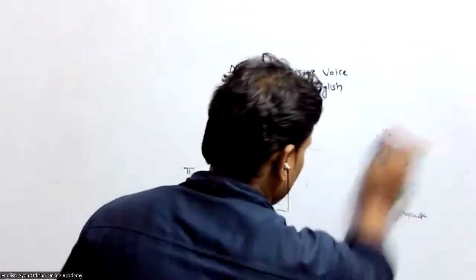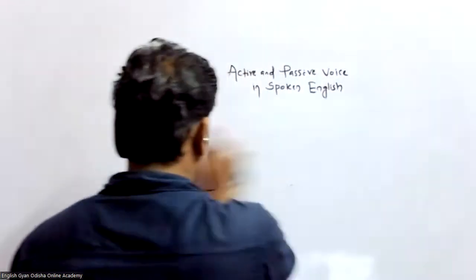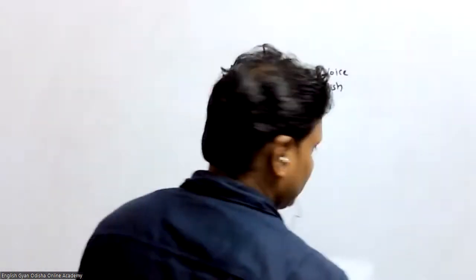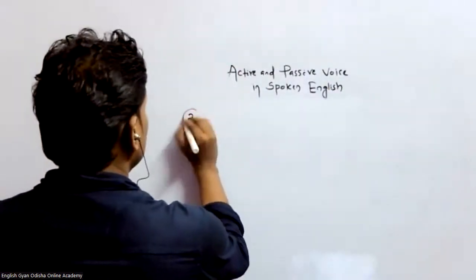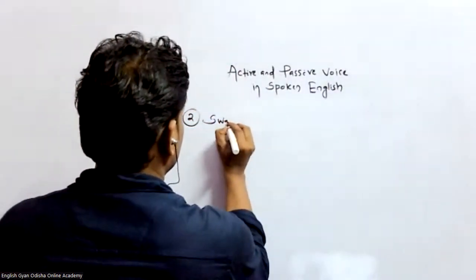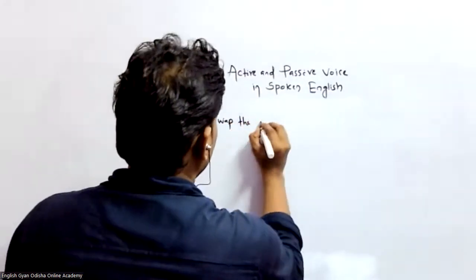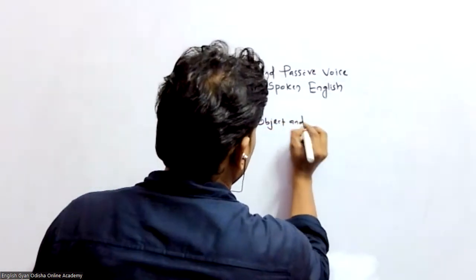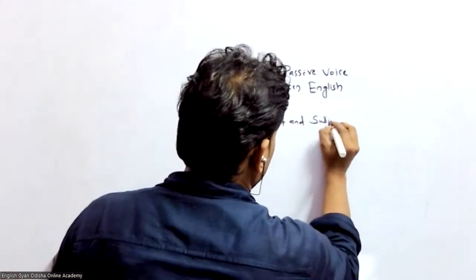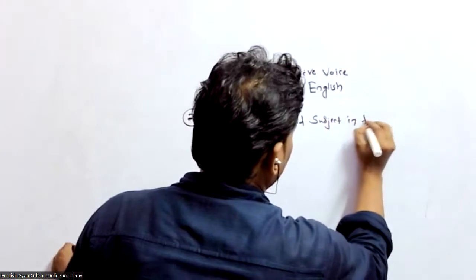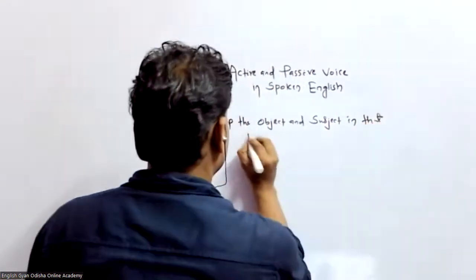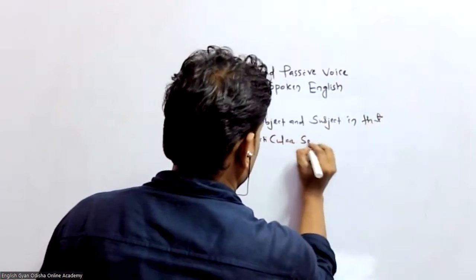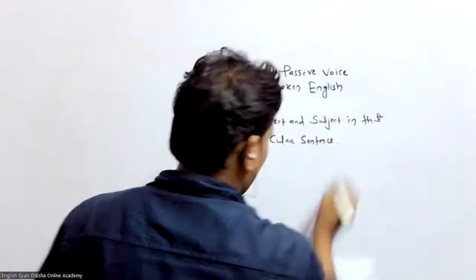The second rule, I have already informed you, but let me tell you a little bit so that you can grasp the concept very easily. The second thing you have to do is swap the object and subject in that particular sentence. What is swap?